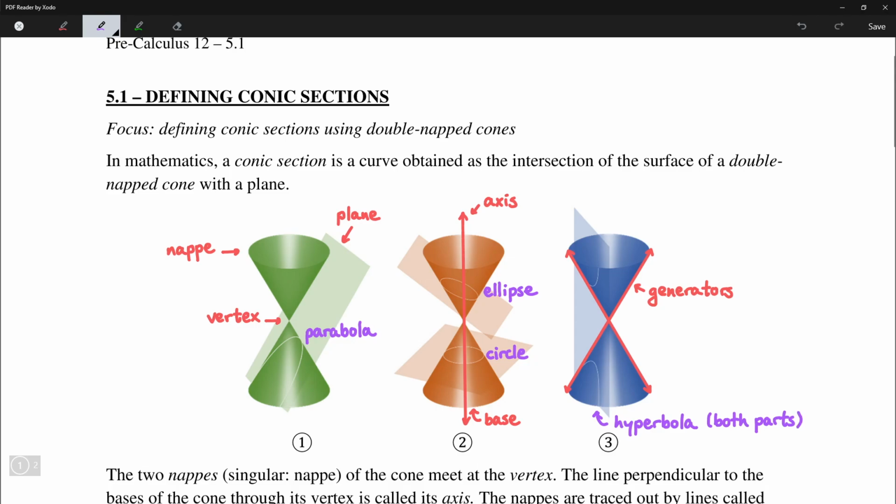Okay, so once again, the parabola, the ellipse, the circle, and the hyperbola are our four conic sections. Although the circle is just a special case of the ellipse, we usually refer to it as four different shapes.